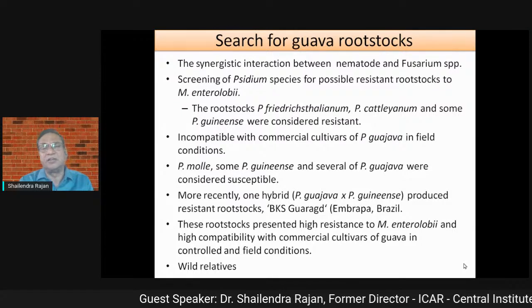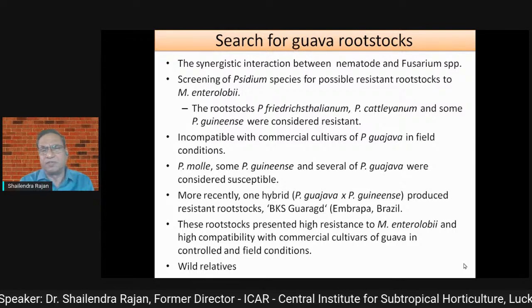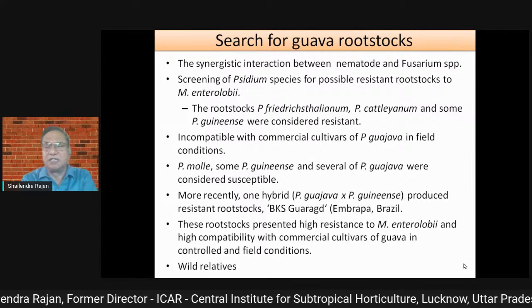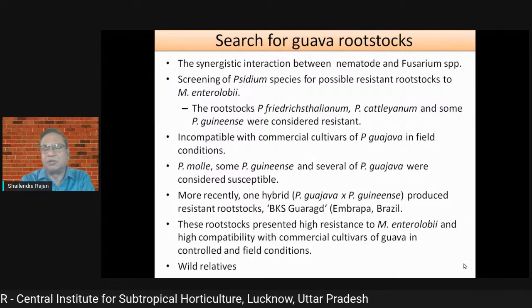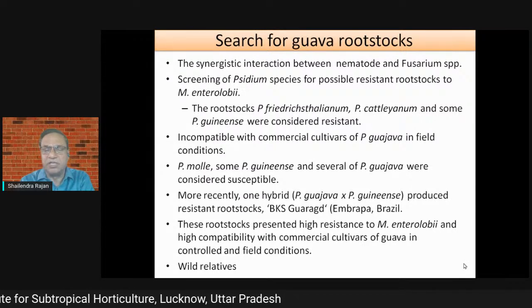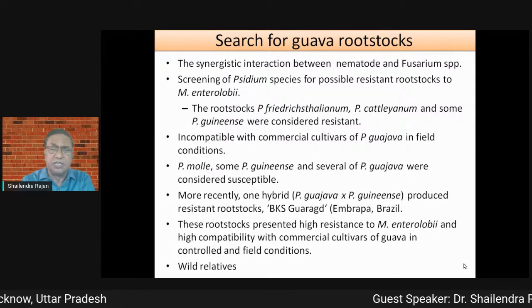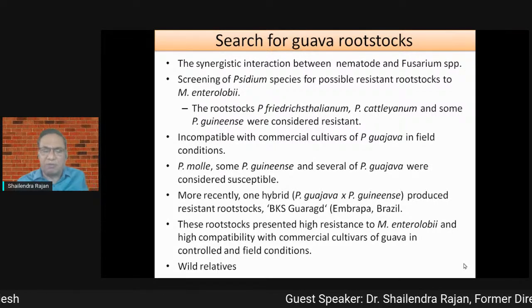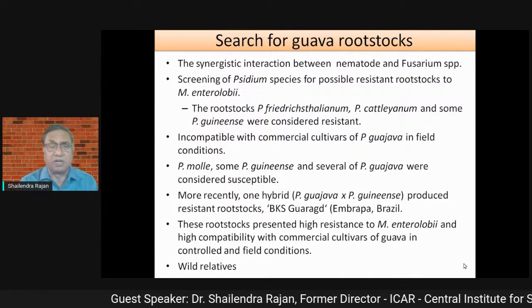The synergy between nematode and Fusarium is important, because where the nematode attack is there, the Fusarium proliferates and the wilt disease becomes apparent. In many parts of Uttar Pradesh known for banana and guava production, like Allahabad, this has created havoc.